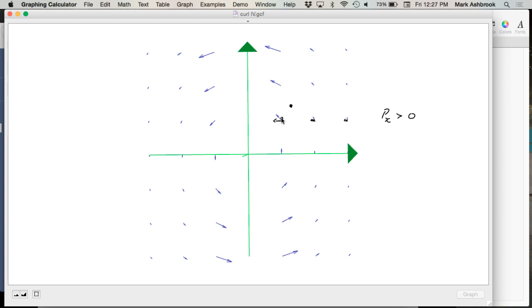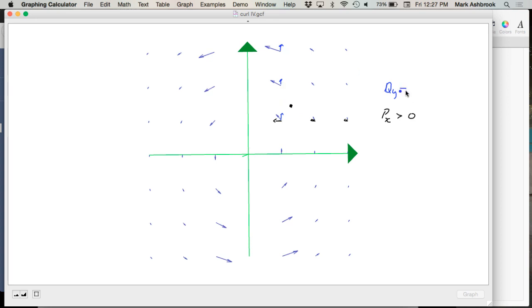And then in the y direction, blue, which direction are we moving? And what about that? Do you see? So then we're looking at Qy. So you see, what's that?